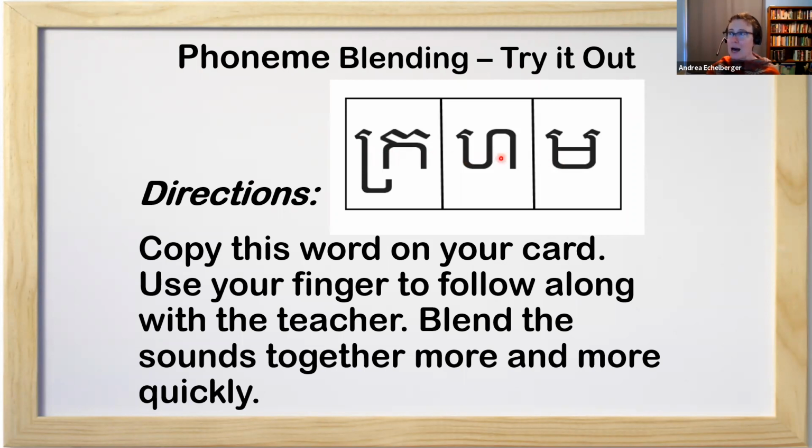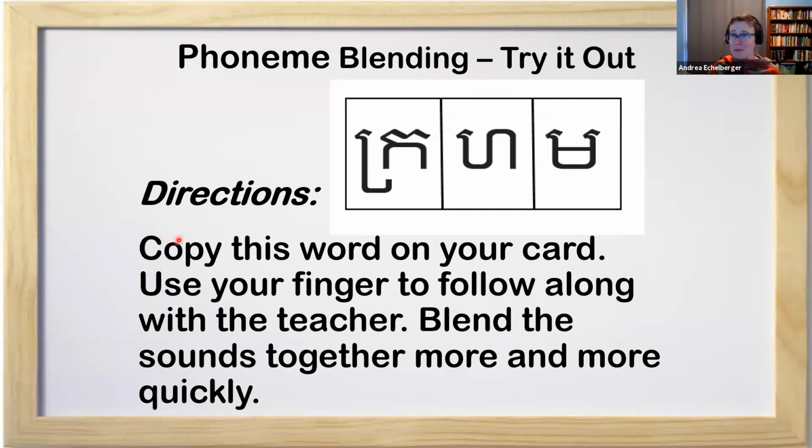Kra, ha. Kraham, kraham, kraham. So start out one by one, and then you practice blending it, literally moving your finger faster and faster as you blend the sounds together.